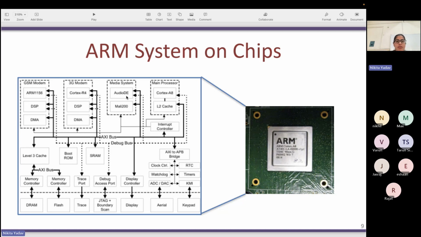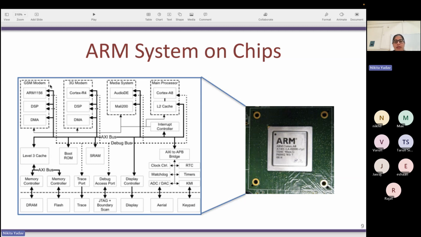All of these modules are fabricated on the same chip, and this is called a system on chip.